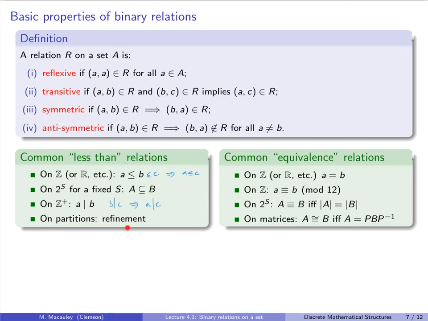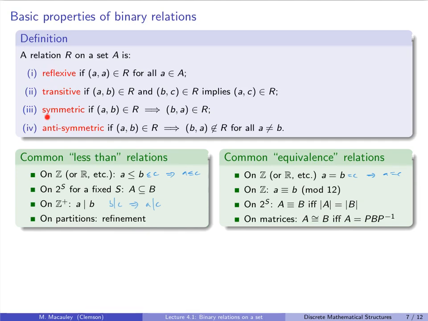And same with refinement. That's transitive. Same with equivalence relations. If A is equal to B and B is equal to C, then A equals C. Similarly, if A and B are equivalent mod 12 and B and C are equivalent mod 12, so are A and C. And the same thing with this equivalence on the size of subsets, and the same thing with matrices. Similarity is transitive as well.